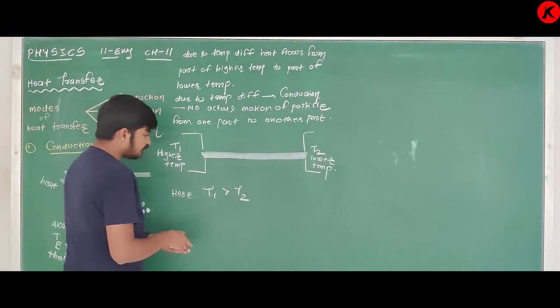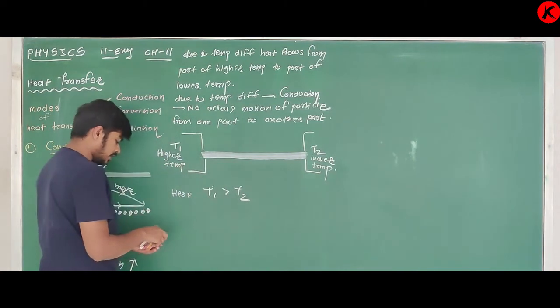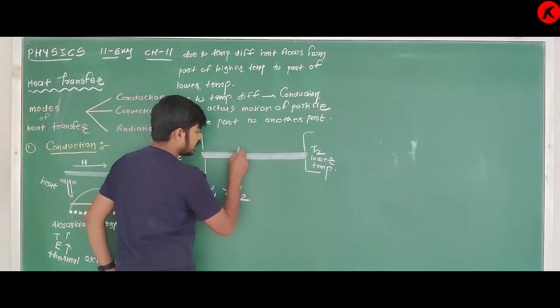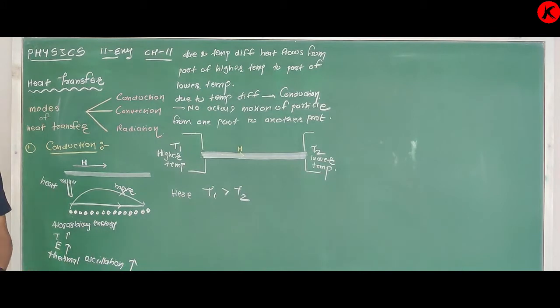Heat I will represent by Q. Heat flowing in this conductor depends on which factors?